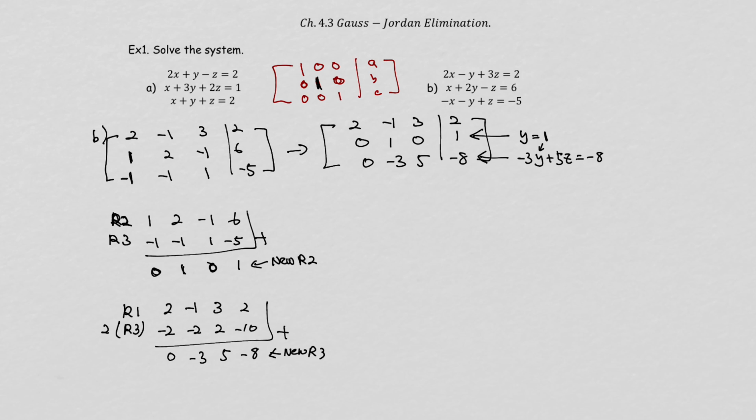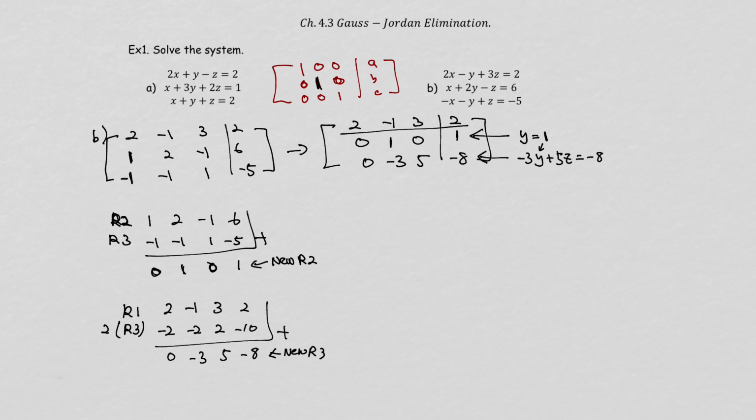Once you find y and z, you can replace them in the first equation and find x, right? So once you have one solution and one equation with only two variables, you can use the substitution method or keep doing the row eliminations to find x, y, z. Everything else is 0, right?